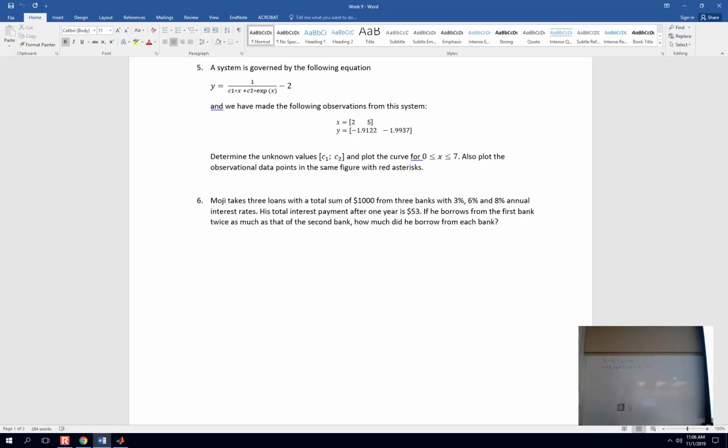Now, if I borrow from the first bank twice as much as the second bank, what does it mean? x1 is equal to 2 times x2. That's all the information that I have, isn't it?